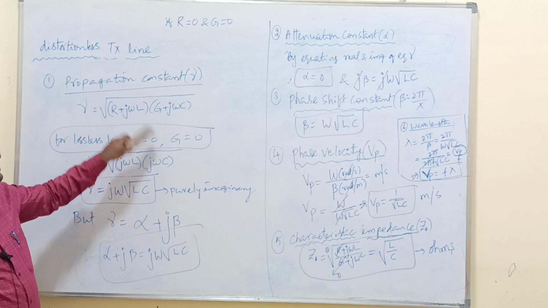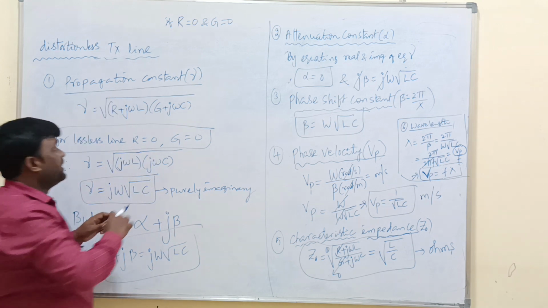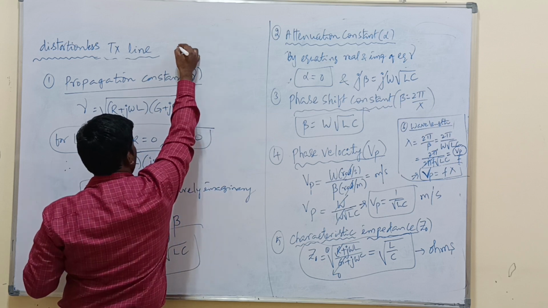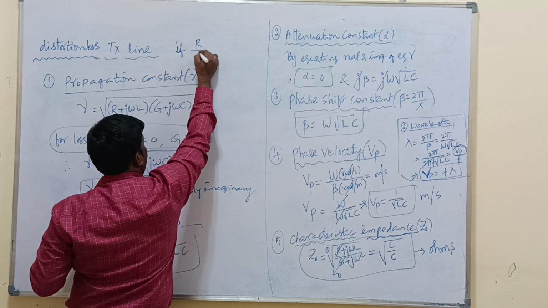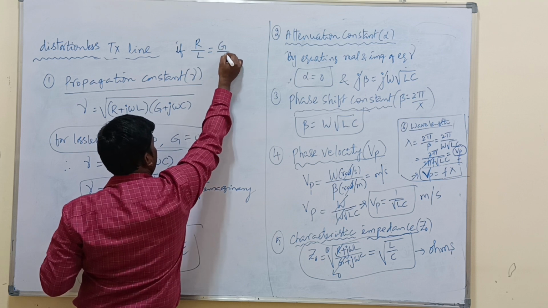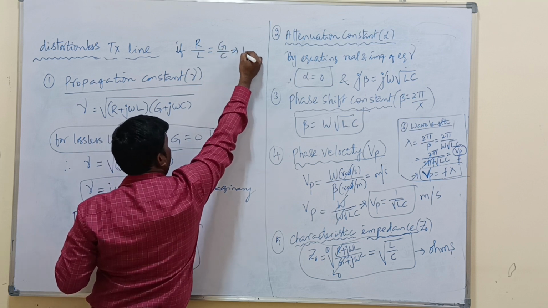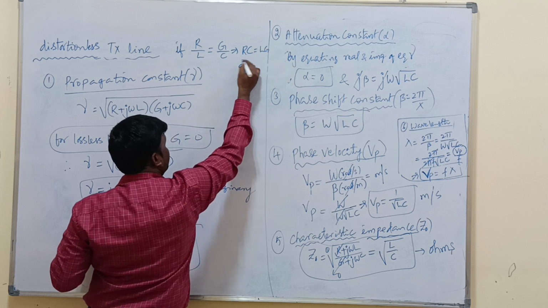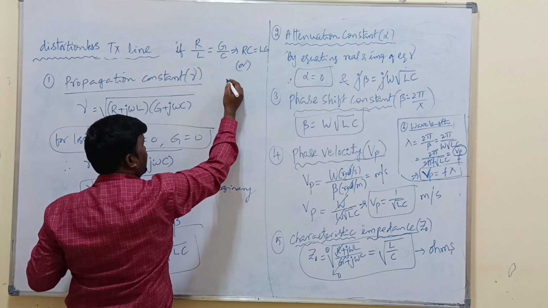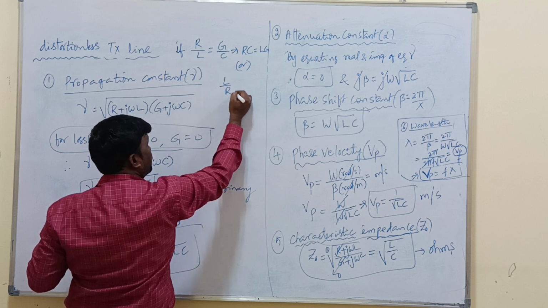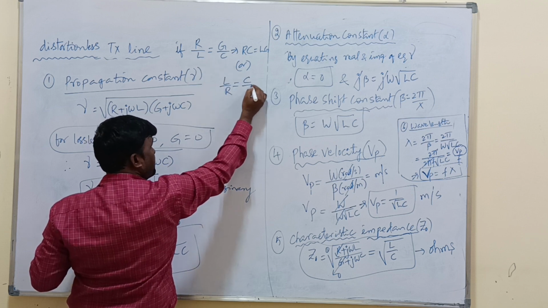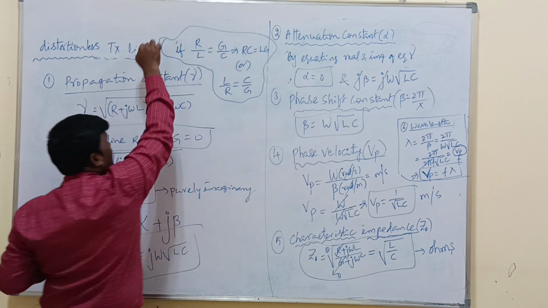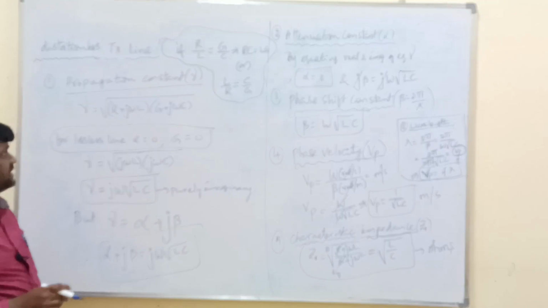Similar to this, for the distortionless transmission line also, there is a condition. That condition is given by, for the distortionless transmission line, R by L equal to G by C, or else it implies RC equal to LG, or else we can write this as L by R equal to C by G. So this is the condition required for the distortionless transmission line.